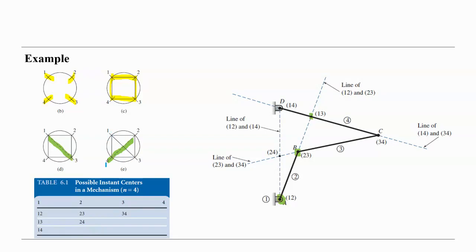Use that 1,4, 4,2, 1,2. So 1,4: this is the 1,4 here, you see. And then 1,4, 4,3. Okay, where is 4,3?